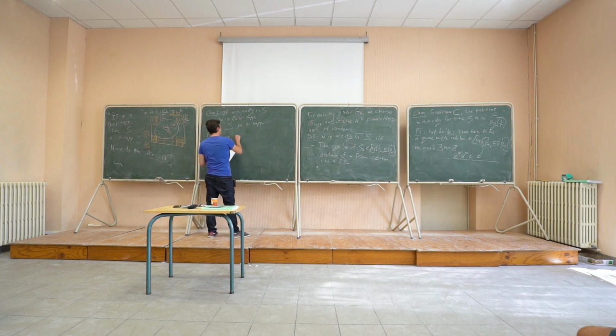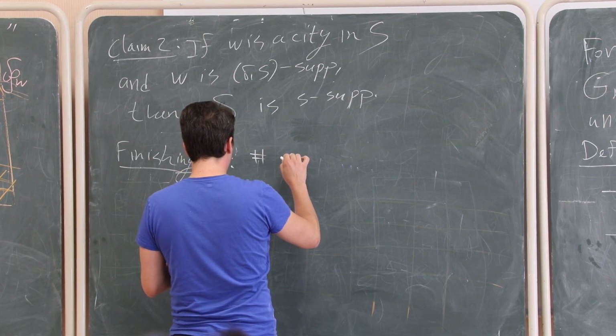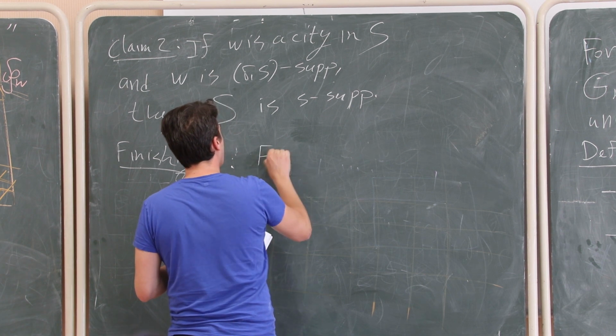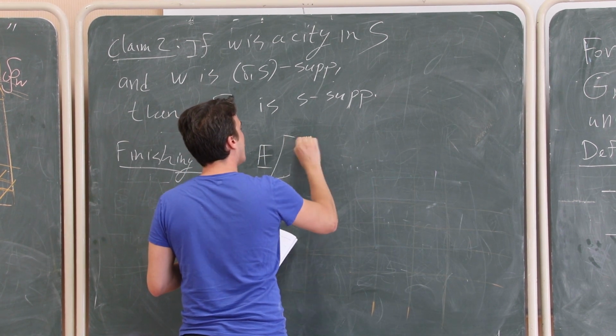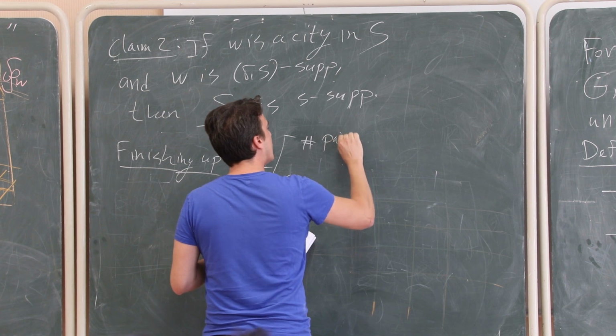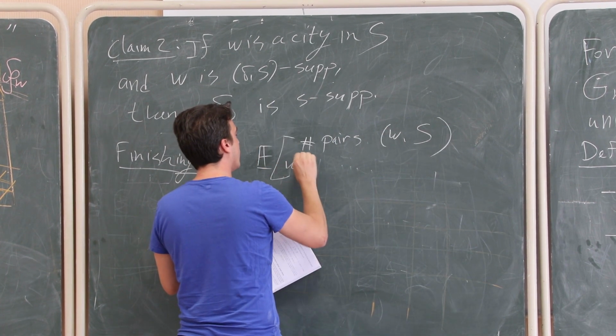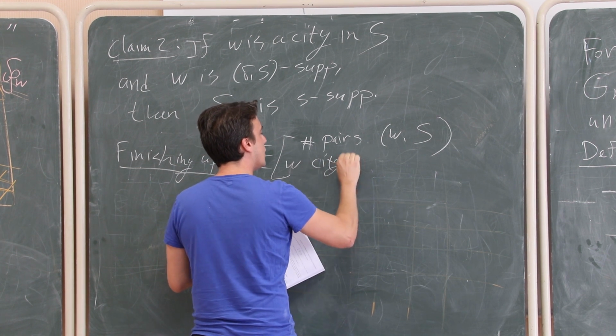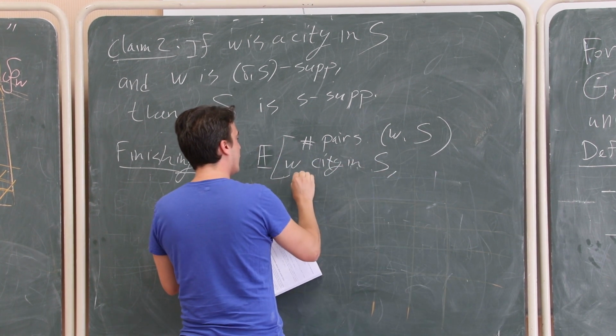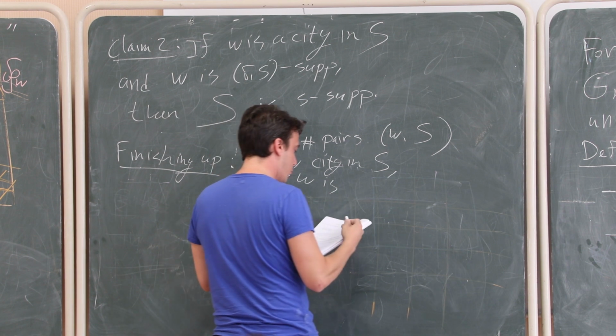So let's do this formally. The expected number of pairs W and S, such that W is a city in S, and W is delta S supported.